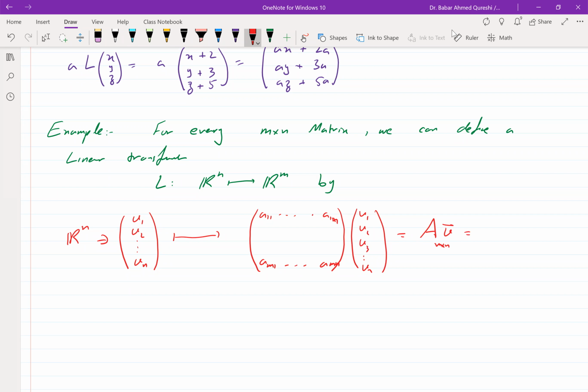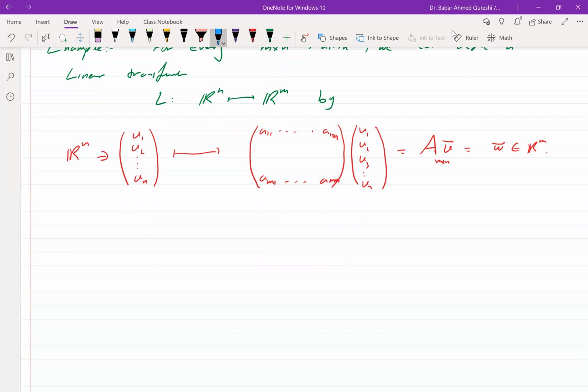The result would be some m column vector. So we have defined a transformation. Take any vector in Rn, take this fixed matrix and multiply; you get vectors in Rm, so you have defined a map. It's a well-defined map, but the question is, is it linear?